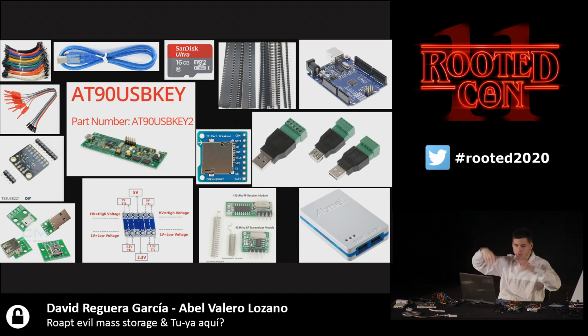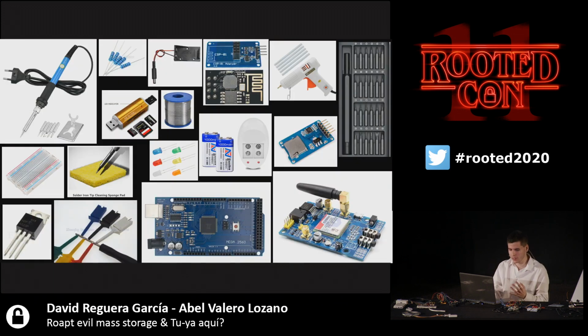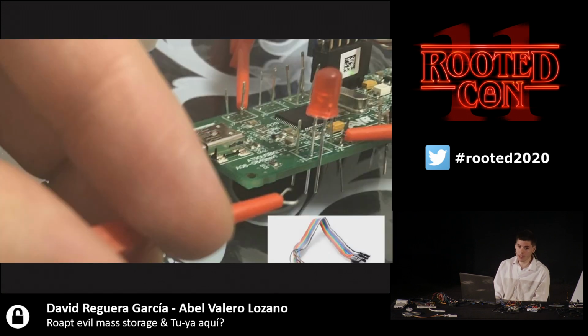So this is a shopping list of everything that you would need to set up this prototype. You need this USB board, the programmer, this resistance, these coils, these calipers, and then the ACME board.